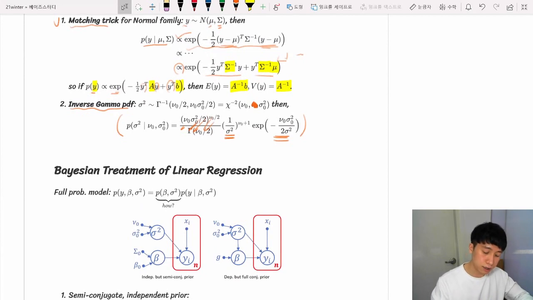Anyway, the key point here is that while you were deriving the posterior, if your goal is to get a posterior of sigma squared, and inside these hairy expressions you spot this term, the inverse of sigma squared, and also minus nu 0 sigma 0 squared over 2 sigma squared inside the exponential term, then you can reasonably guess that this posterior of sigma squared belongs to the inverse gamma PDF family, right?